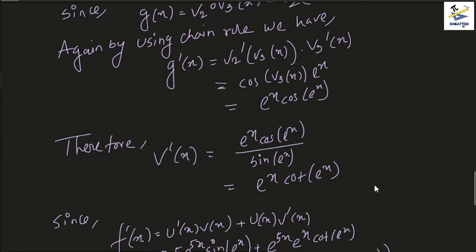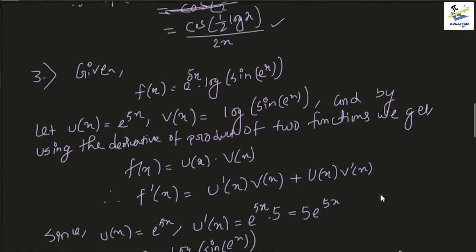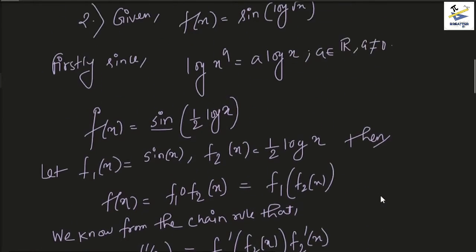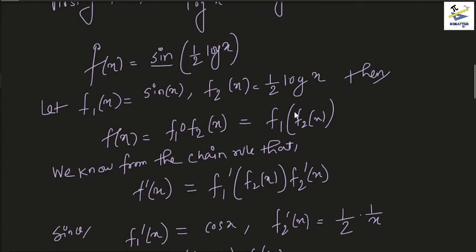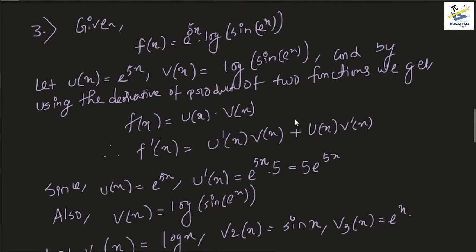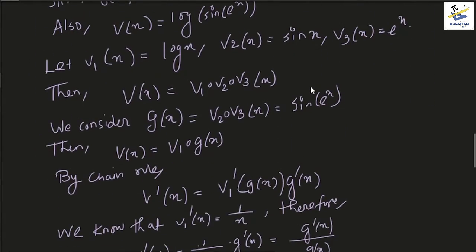So as you can see, this question was on the harder side of the derivatives, so we needed to have some composition to do that. Then again we can do number 4, but first 1 and 2 were a bit easier, but then 3 was a bit tougher because of the composition and the number of functions involved.